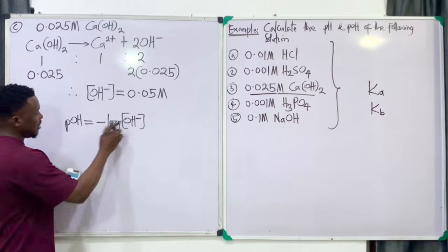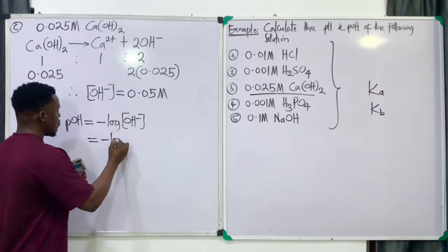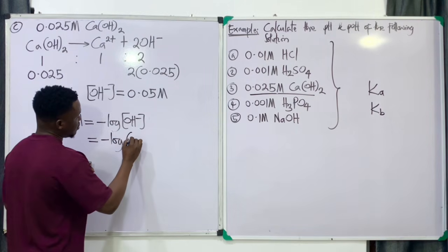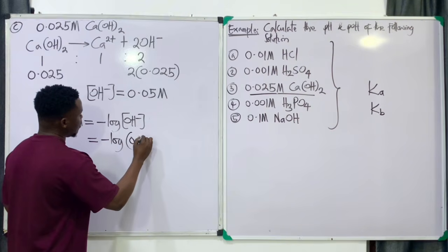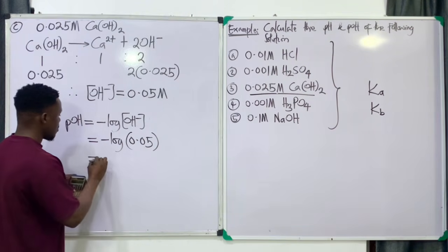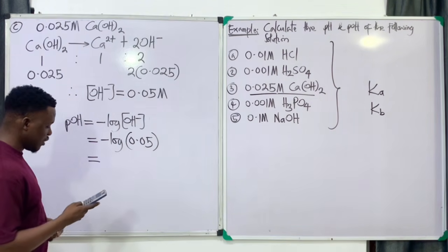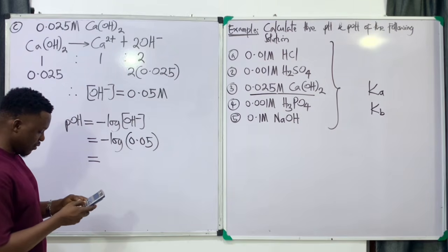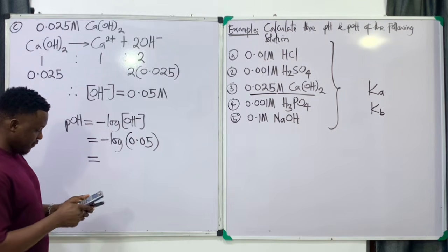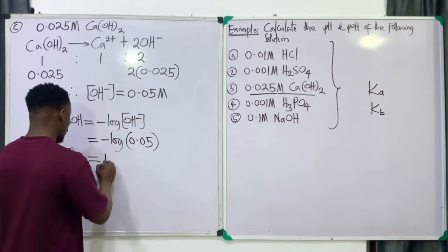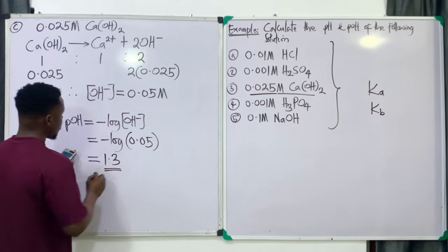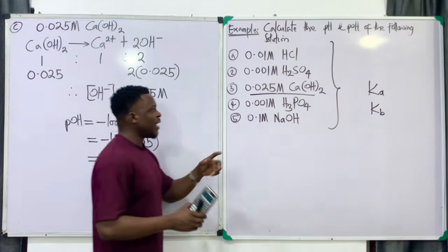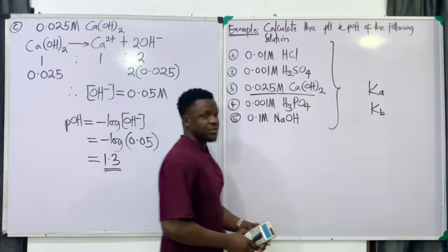Anywhere you see OH, you put 0.05. Now when you do that, you press your calculator. This becomes negative log of 0.05, so this is 1.3.